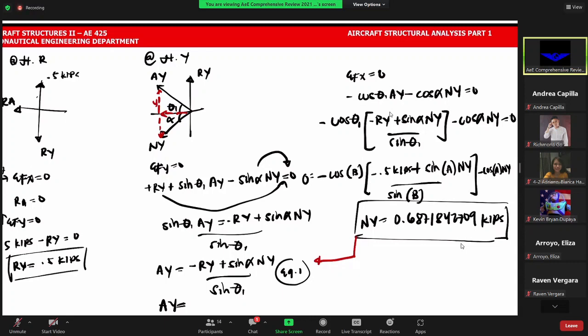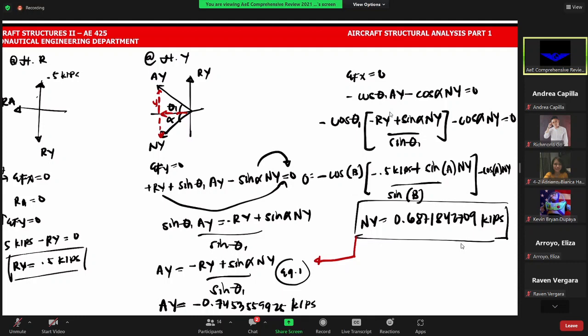Okay, maybe when you input it in the calculator, please fix your input. That is negative 0.5 plus sine alpha, that is store A, times what we got, that is 0.687184279, over sine alpha B. Okay, so the correct answer is negative 0.7453559925 kips.